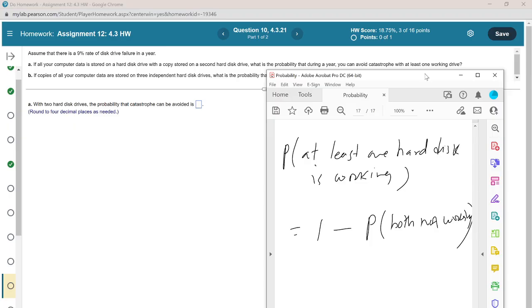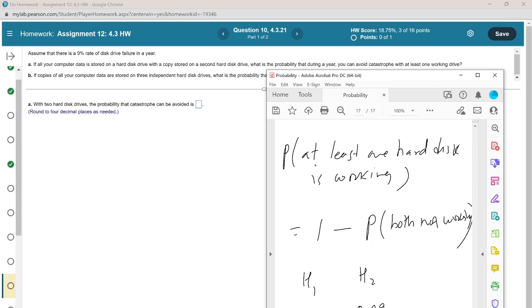So if you have two hard disks, hard disk 1 and hard disk 2, we know that the probability of the first hard disk not working is 0.09 because it's a 9% failure rate, and the probability of hard disk 2 not working is again 0.09.